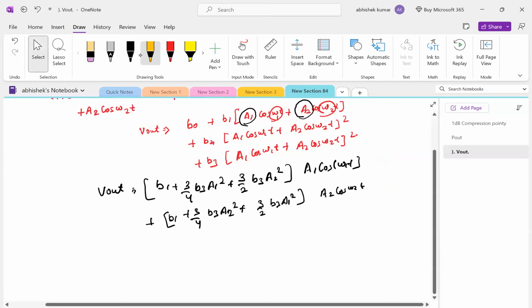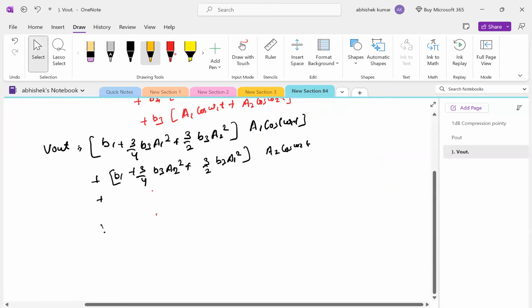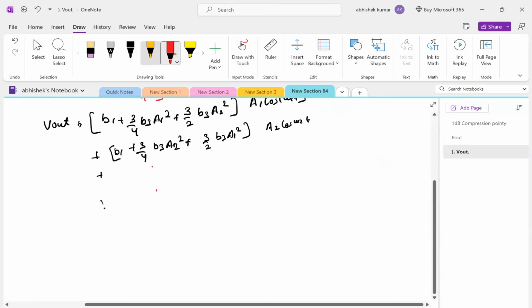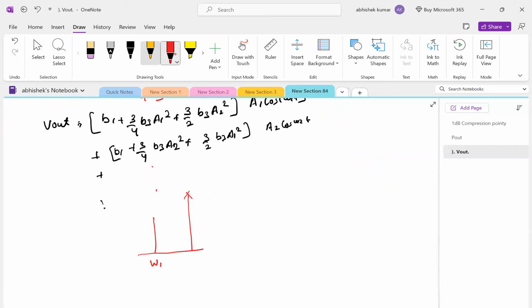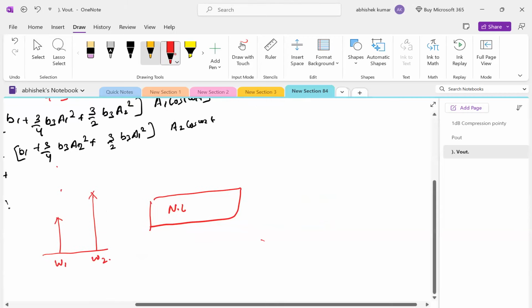And apart from that, we have some other components also that I'm not writing, that is given in your figure. So suppose this is your two tone, your input is omega 1 and omega 2, and you pass it through a third order nonlinear system, you will get other components here.